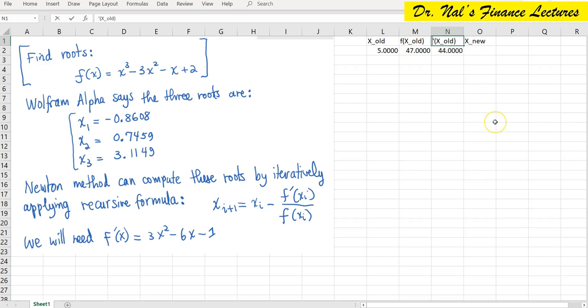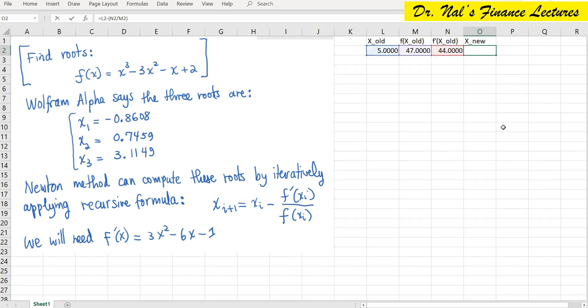Let me make it lowercase here. There you go. And finally, x new will come out of this recursion. It is just x old minus f prime of x old, divided by the value of the function, in parentheses. And that's pretty much it.